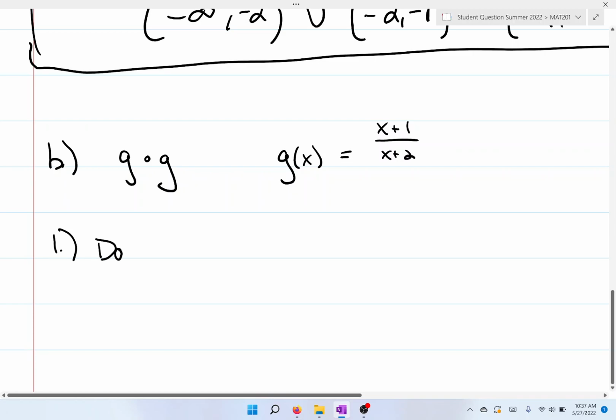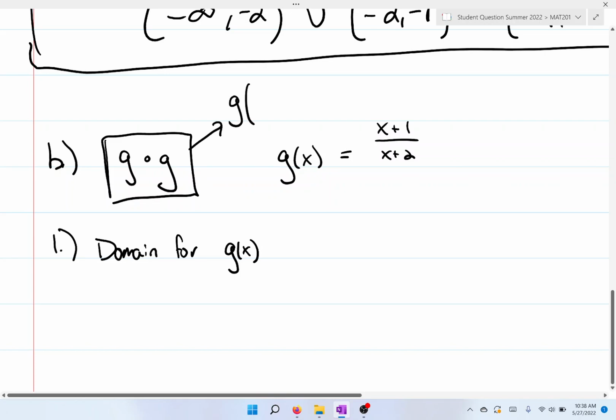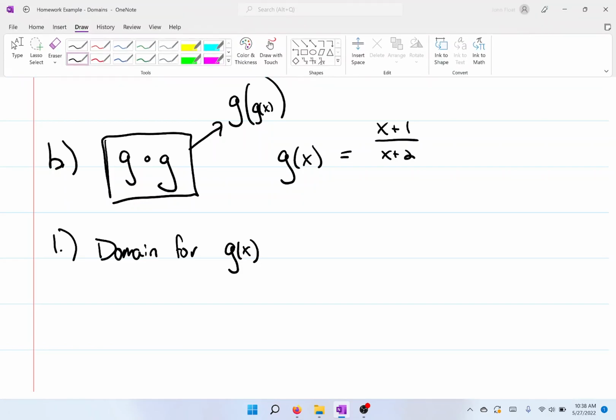All right, so step 1, let's find a domain for g of x. Now, if you're wondering, why am I doing that? Remember, this is the compositional function of g of x. So we're going to find this domain, g of x. Let me use a highlighter.